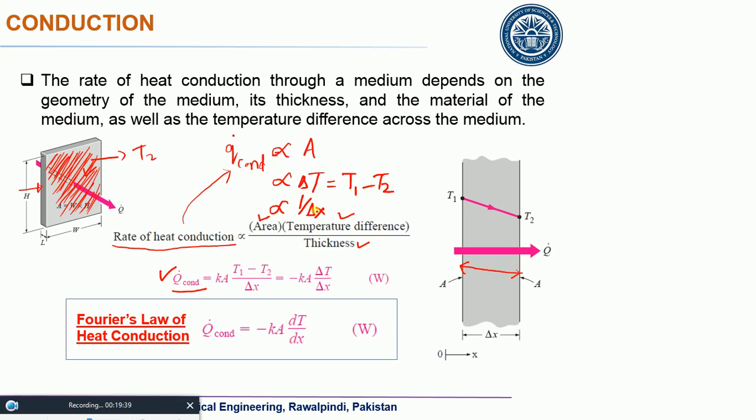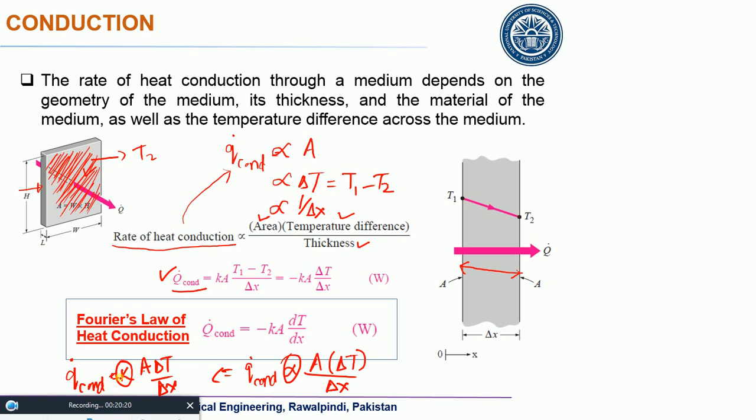Now, if I combine all those things, I can say that Q dot conduction would be proportional to area into delta T divided by delta X. And if you want to convert this proportionality sign into equality, you would have a constant of proportionality which is K. This constant of proportionality is of physical significance, K A delta T by delta X.